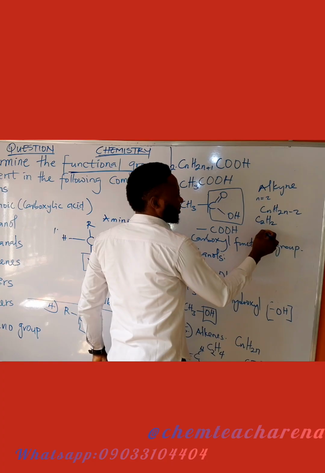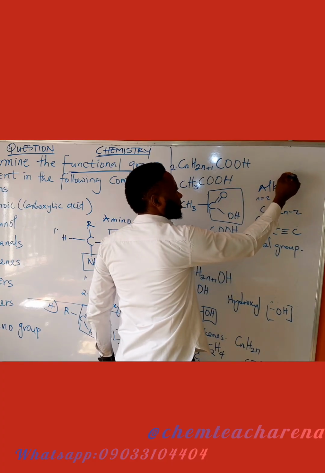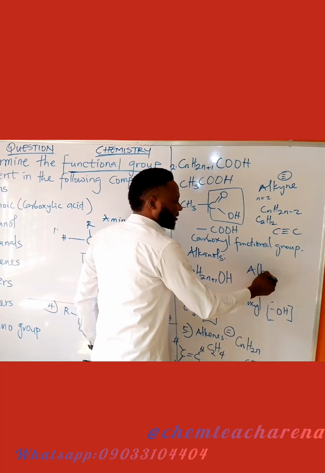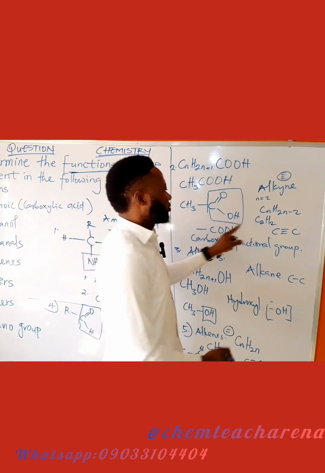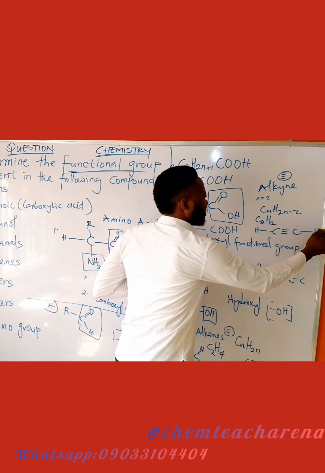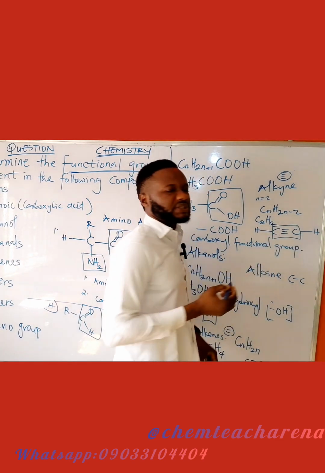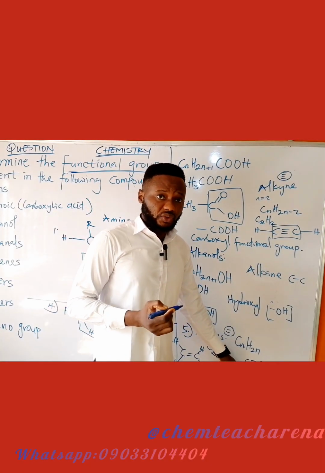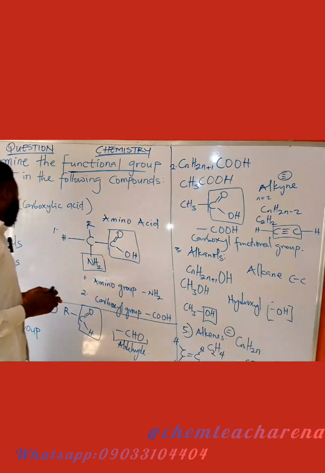So this gives C triple bond C, because alkyne is triple bond, while alkene is double bond, while alkane is single bond. This is carbon-carbon C2H2, with only one hydrogen on each carbon. So the functional group here is the triple bond. Are we good now? Alkane doesn't have a functional group.